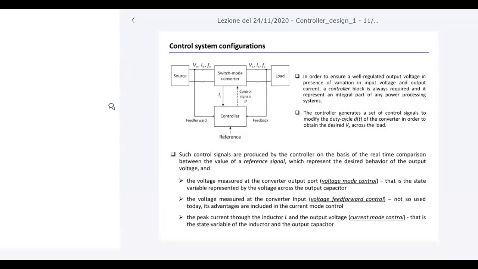And this must be done with stability. You should not have any problems of instability. For example, it can happen that you have a variation of your output voltage due to some disturbances, and then you cannot regain your target output voltage, or maybe you can regain it but with long oscillations, ringing, that can induce several problems in your applications.